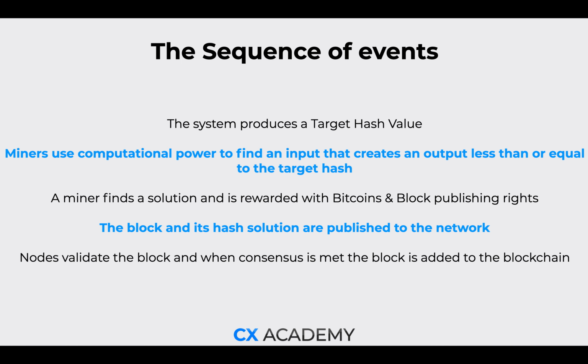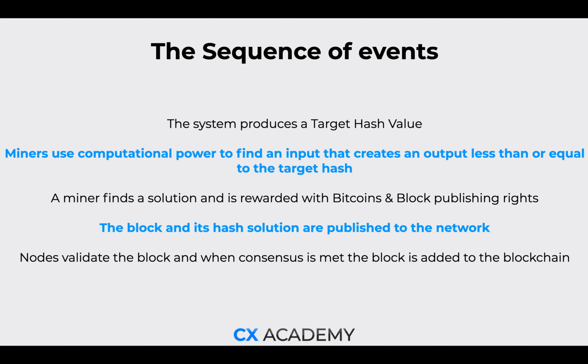So then, a quick sequence of events, loosely. The system produces a target hash value. Miners use computational power to find an input that creates an output less than or equal to the target hash value. A miner finds a solution and is rewarded with bitcoins by the network, and let's call it block publishing rights.